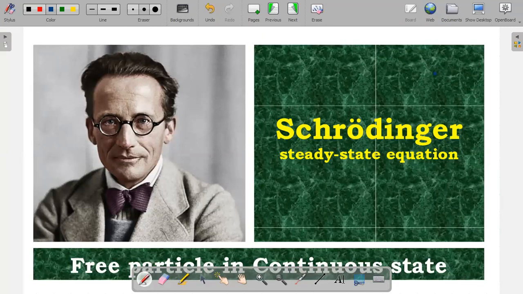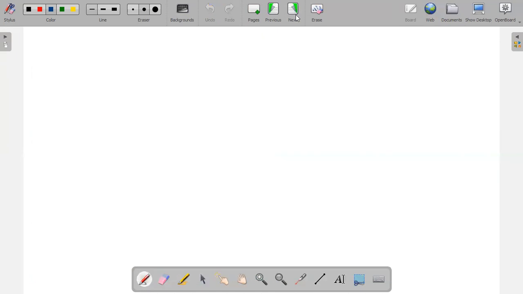In this case, we can write the Schrodinger equation. First, I will write the basic Schrodinger equation for the free particle in continuous state.